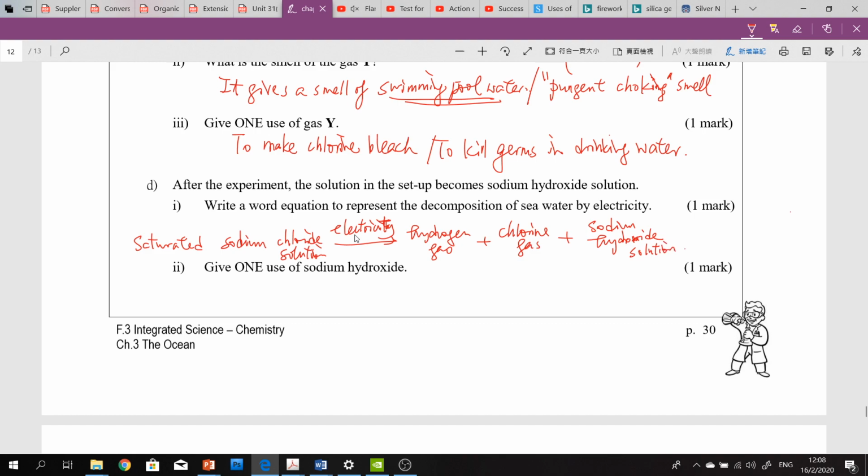So what is the use of sodium hydroxide? For example, to make chlorine bleach, I need sodium hydroxide. Yes, that's right. To make soap. Or for somebody who knows that this is alkaline, it will help dissolve oil.